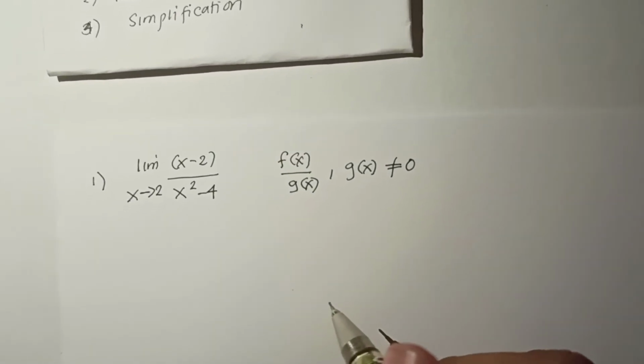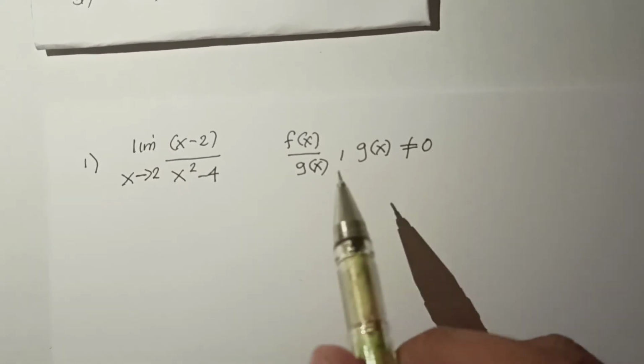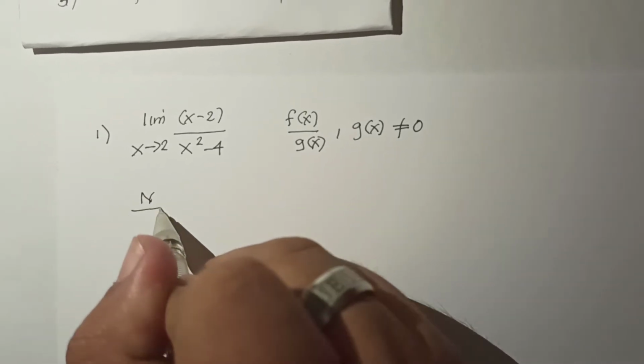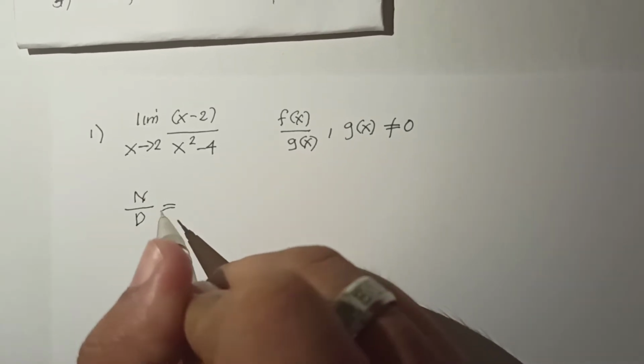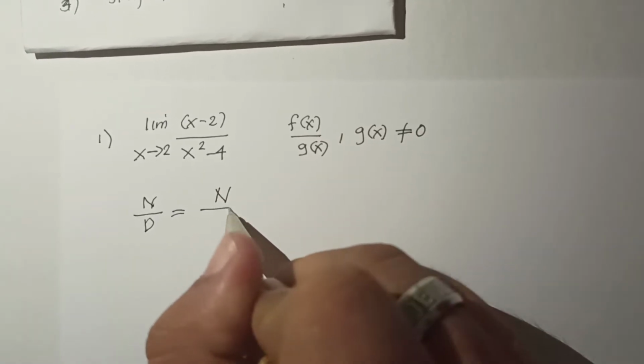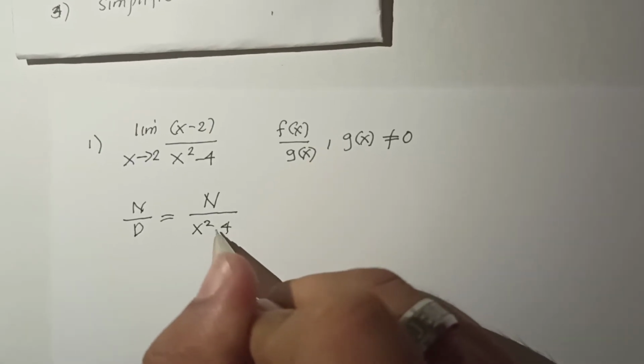In this case, we will first define the numerator over the denominator. Our numerator is still n, and our denominator is x squared minus 4.